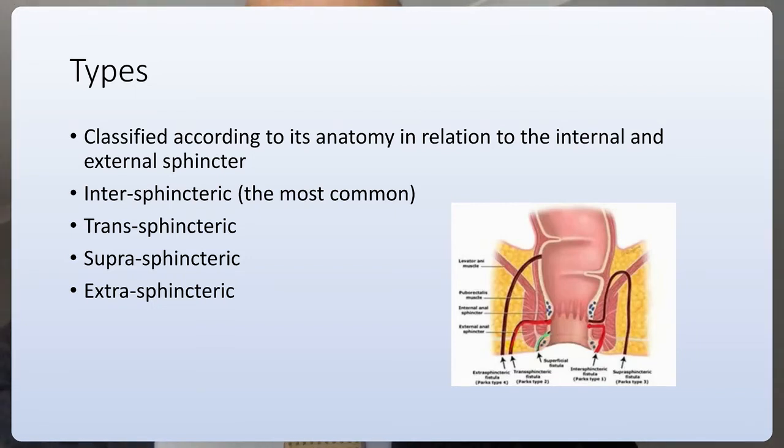And there is an extrasphincteric, and this extrasphincteric has nothing to do totally with the anal region, because the opening is usually up in the rectum.